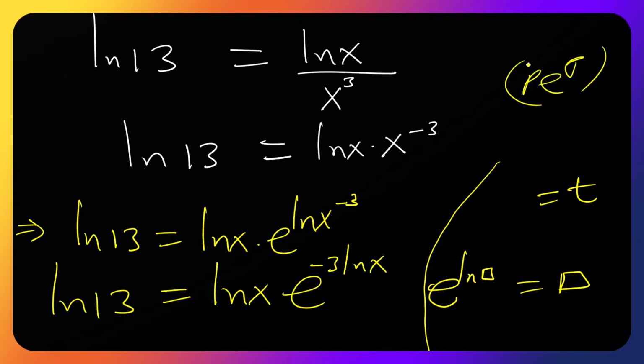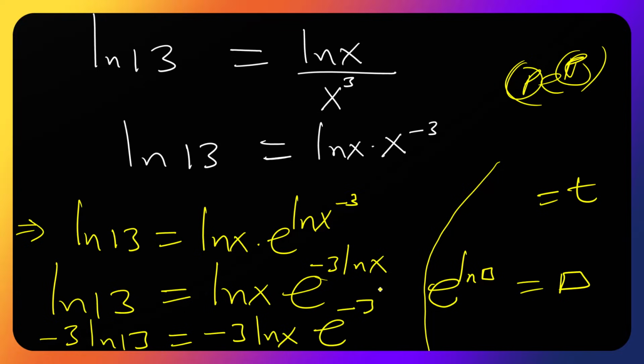What is here must be equal to what is there. So we have minus 3 ln of x, and this side is ln of x. So something is missing here. Let's multiply both sides by minus 3 to balance it. So we have minus 3 ln of 13 equals minus 3 ln of x times e raised to minus 3 ln of x.